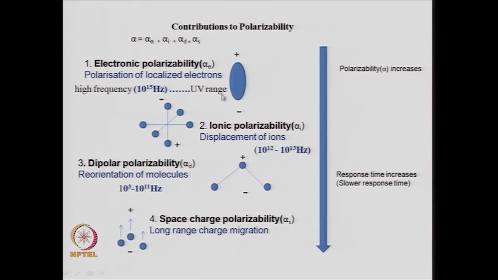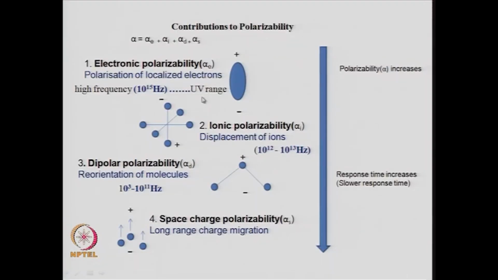When you have the electrons which are getting polarized, the electrons are very light, and so you have a very high frequency of 10 to the power 15 hertz. That means the electrons can follow the variation in the electric field at a frequency of 10 to the power 15 hertz, which is very fast.